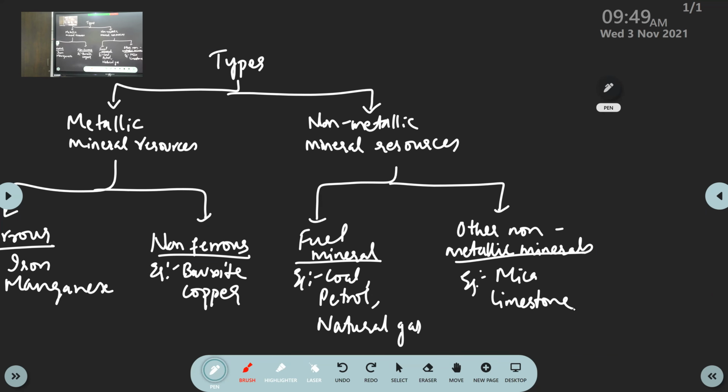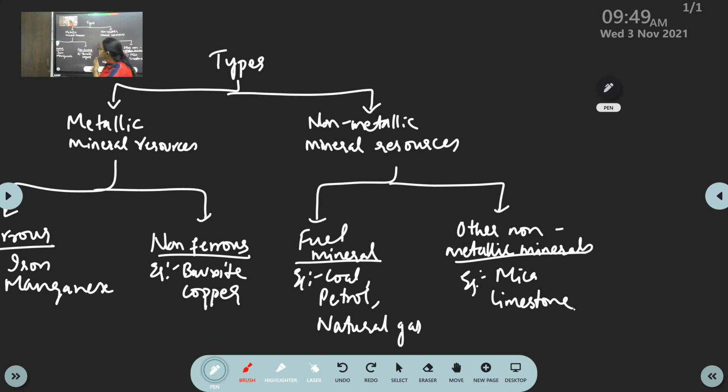Metallic means we derive metals from these resources. What is the difference between metal and non-metal? Metals are good conductors of electricity, malleable, ductile, sonorous. They can be drawn into sheets and wires, and they make sound when you hit them. Examples: iron, copper.